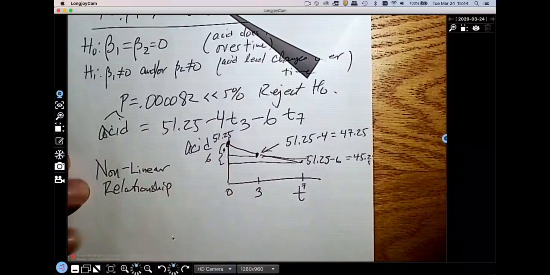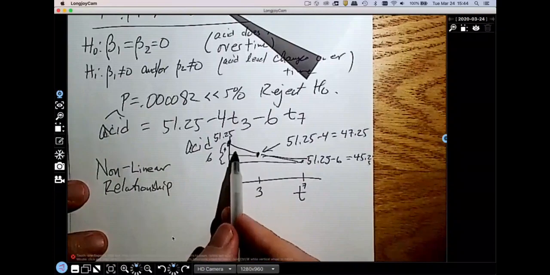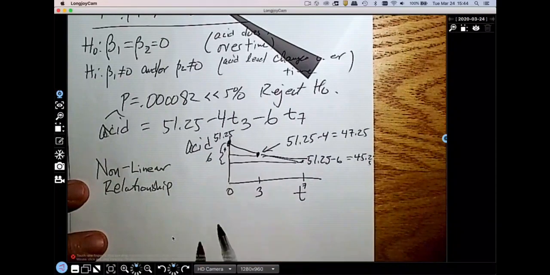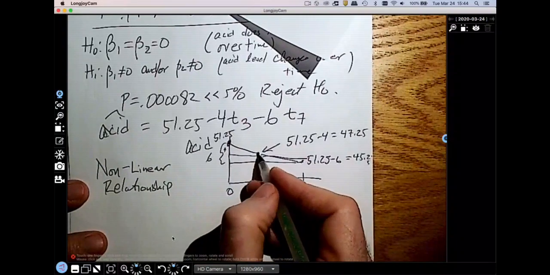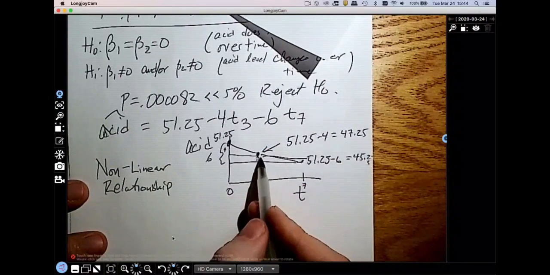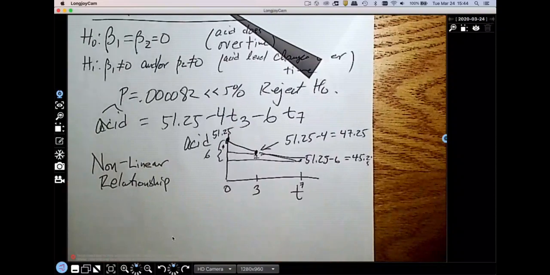There's a nonlinear relationship because if you go 3 days out, you lose 4 units of acid, while if you go another 4 days out, this just drops by another 2. So there's like diminishing returns on the amount of acid that you're losing.